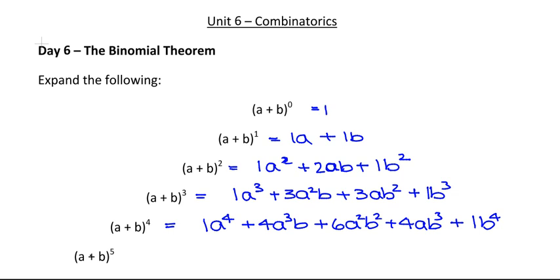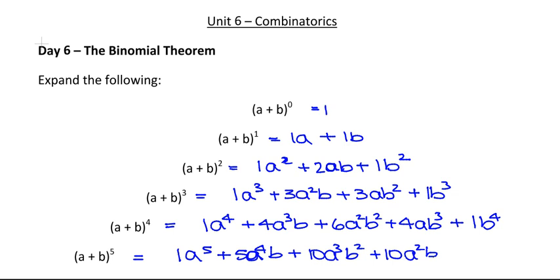And in my last row, I have 1a to the 5 plus 5a to the power of 4 b plus 10a cubed b squared plus 10a squared b cubed plus 5ab to the power of 4 plus 1b to the power of 5.